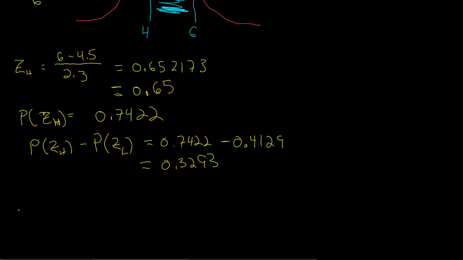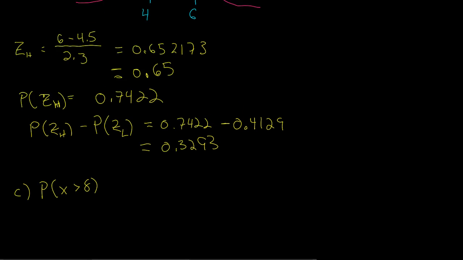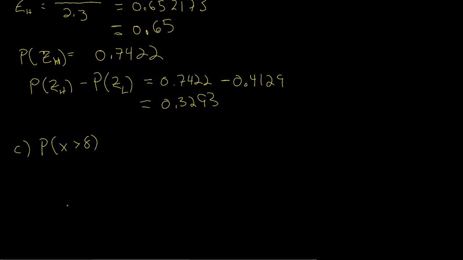And for part C, we want to know what's the chance of someone being really happy, right? Greater than 8. So what's the probability that x is greater than 8? And again, the habit we should do when doing these is we should draw our normal curve to orient ourselves. We have our mu of 4.5, and we're looking for 8 or greater. We're looking for this here. Now, our tables don't do right tails.